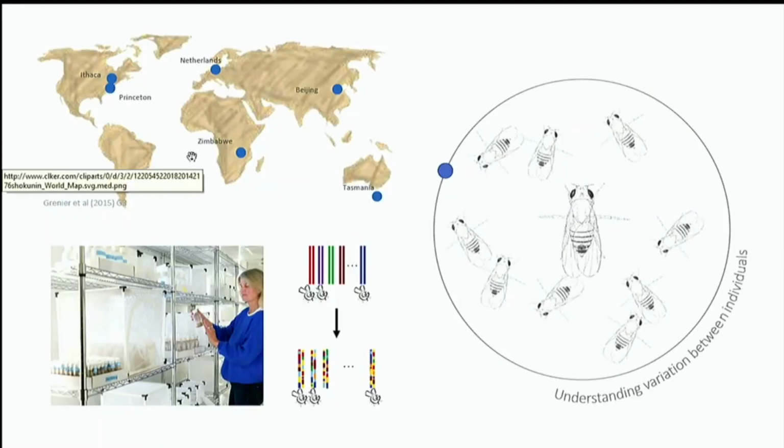Initially Andy Clark's lab at Cornell collected inbred lines from many different populations. What we do in the lab is cross these inbred lines using painful round-robin crosses to go from the inbred lines to the outbred universe of flies, where every single individual that you measure and that you can sequence is a different genome.